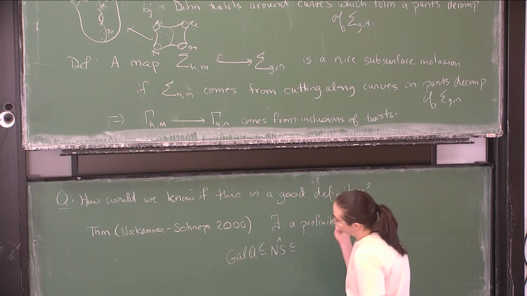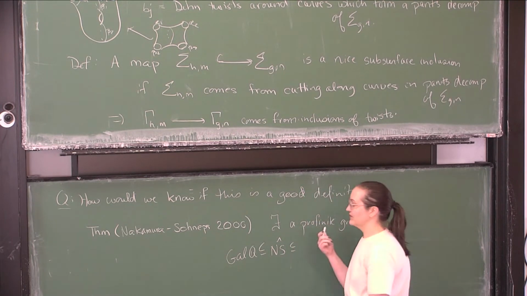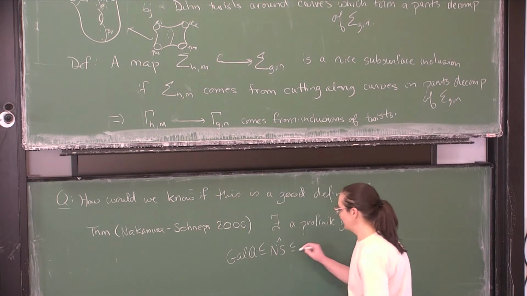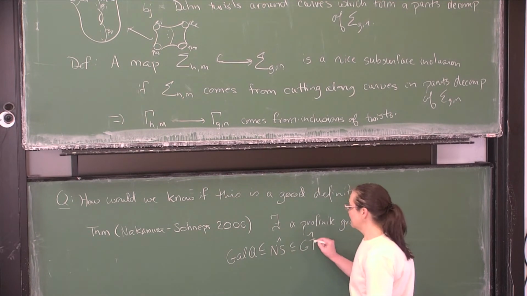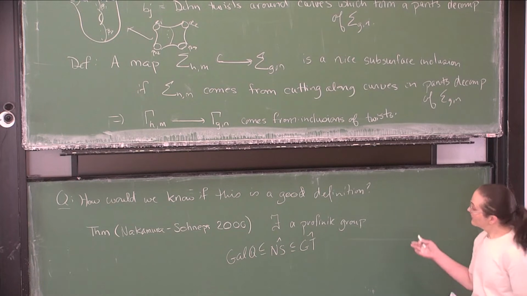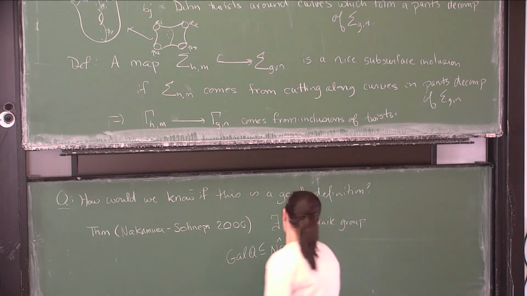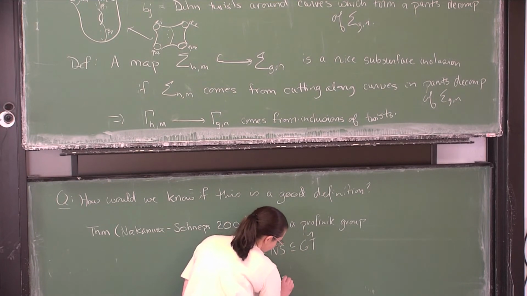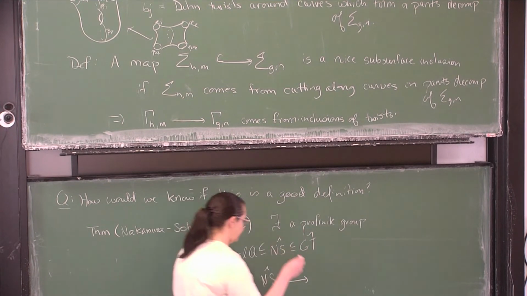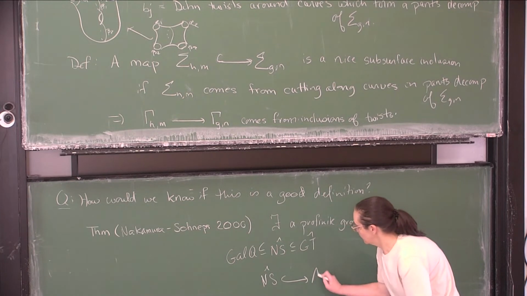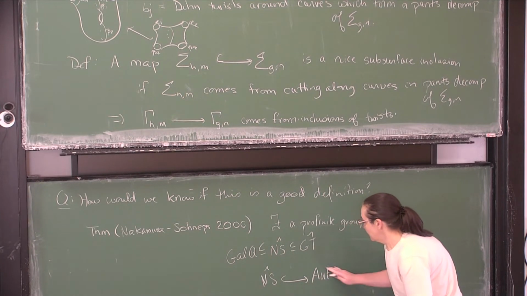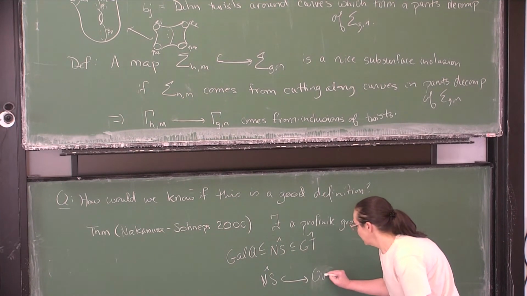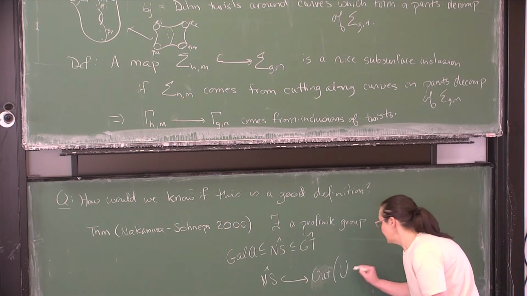It is a subgroup of the Grothendieck-Teichmüller group. And this group acts on this tower, by automorphisms.